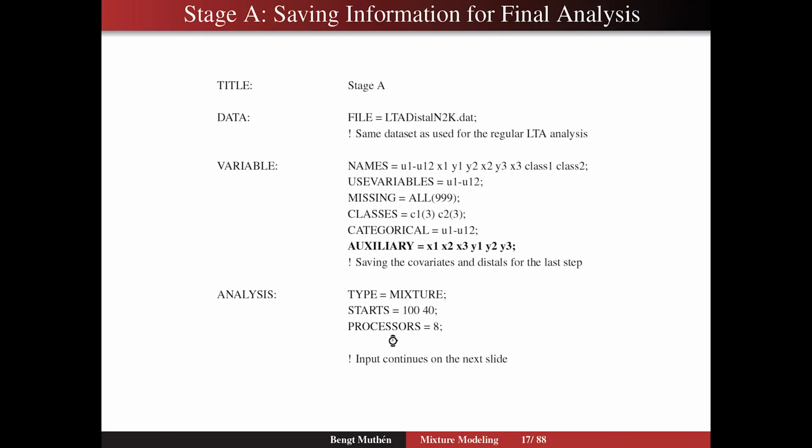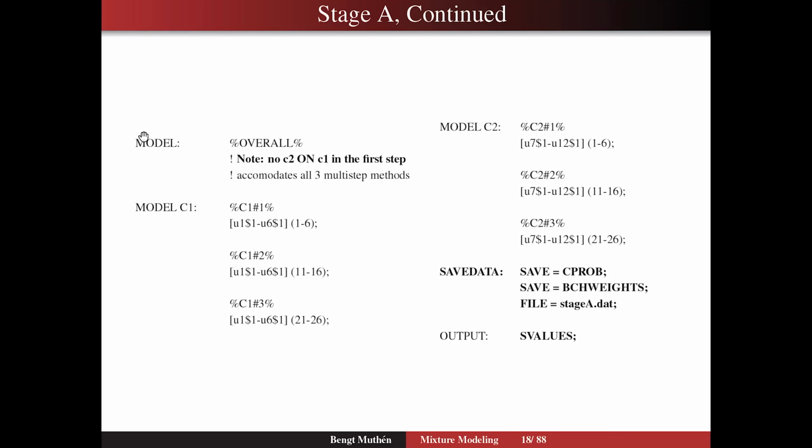And continuing on the next slide, we have the model parts: the overall model, model C1 and model C2. In the overall part, we don't say C2 on C1, but leave that at 0, as we have discussed earlier.